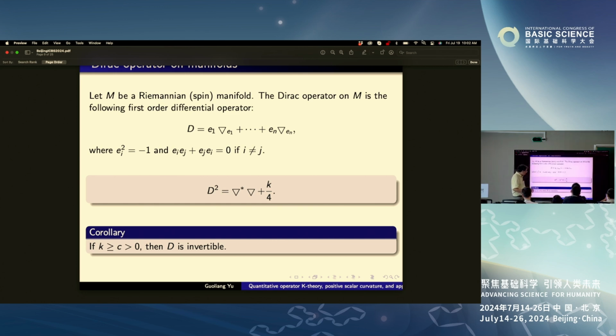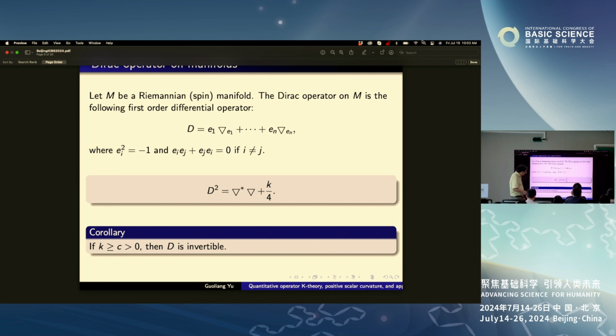Now you would think an operator is just a linear transformation. We know how to decide whether a linear transformation is invertible or not, in the finite dimensional case, of course. We just compute the determinant, right? If it's non-zero, then it's invertible, otherwise it's not.